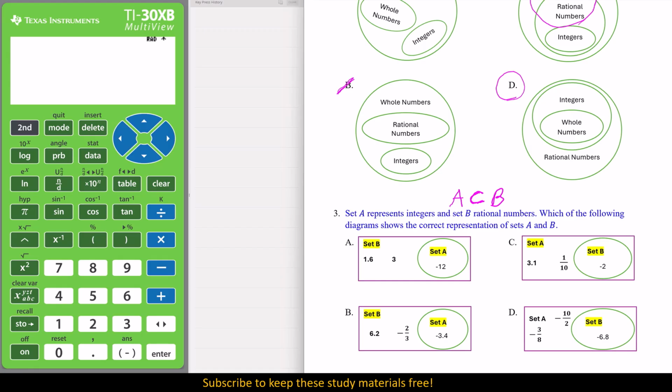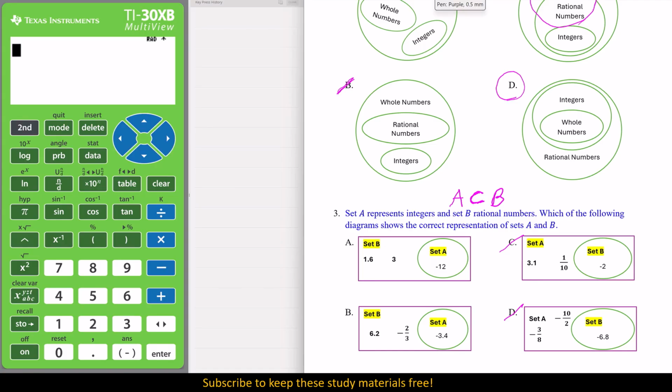Option A does show A is a subset of B. Option B shows that as well. However, C and D show it the other way around. They show B being a subset of A. So I would say C and D are not an option. Now, A represents integers.